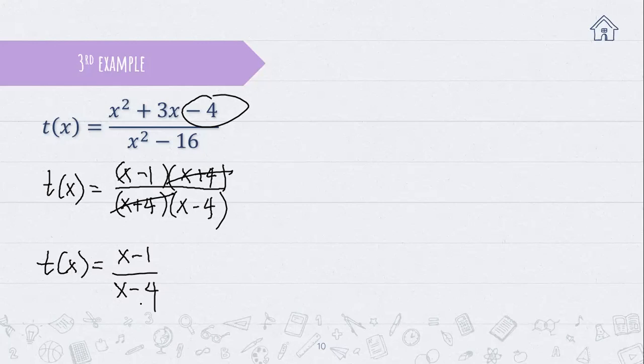Ngayon, class, madali lang naman talaga ang pagkuha ng intercepts, yung x and y intercept. Keep in mind kung ano yung mga signs, kung ano nga ba yung mga ilalagay, and dapat, ang pinaka-challenging talaga is yung pag-simplify ng function. Okay, so again, since medyo mas madali na lang ito siya, yung t of x is equal to x minus 1 over x minus 4, I'll be giving you 2 minutes to find the x-intercept and the y-intercept. Kaya ba?